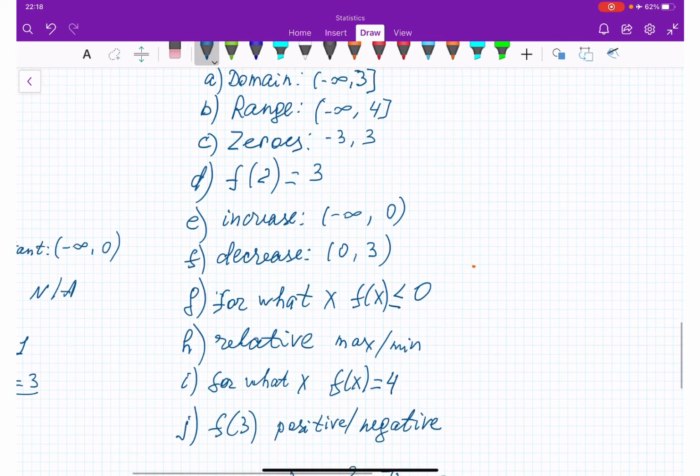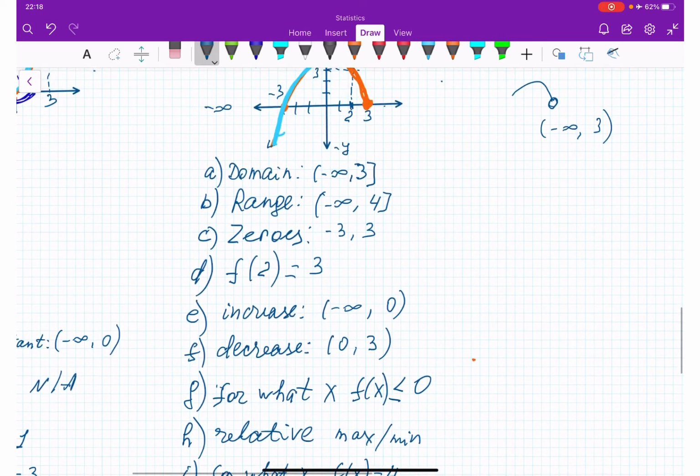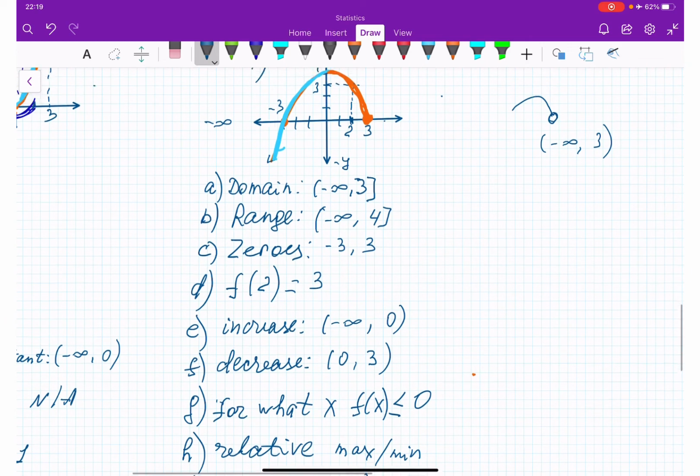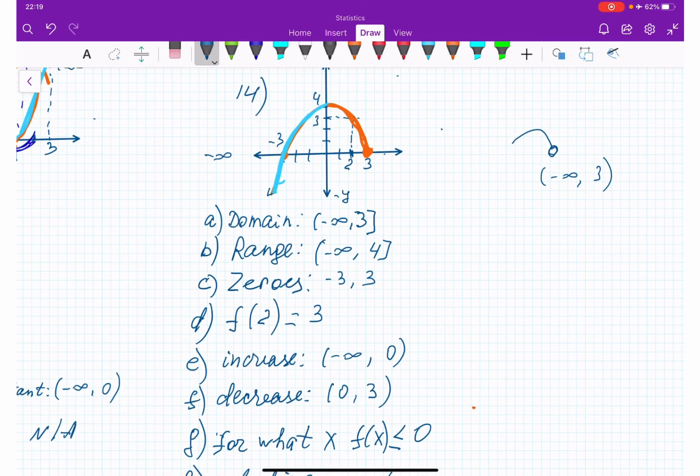Where is my f of x less than or equal to 0? F of x is my y, correct? So it's less than or equal to 0 on this piece. That's where y is less than 0, correct? Which is going to be x going from negative infinity till negative 3. Yes?